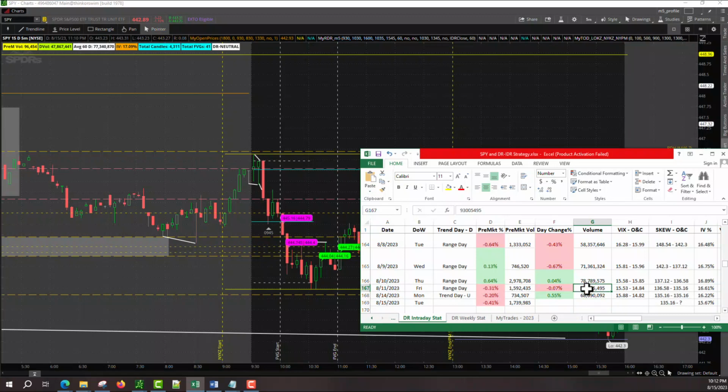We have the one on Friday, it's 93 million. I don't know why today is very low. Just because maybe before the event tomorrow, about FOMC minutes, that may be the reason.